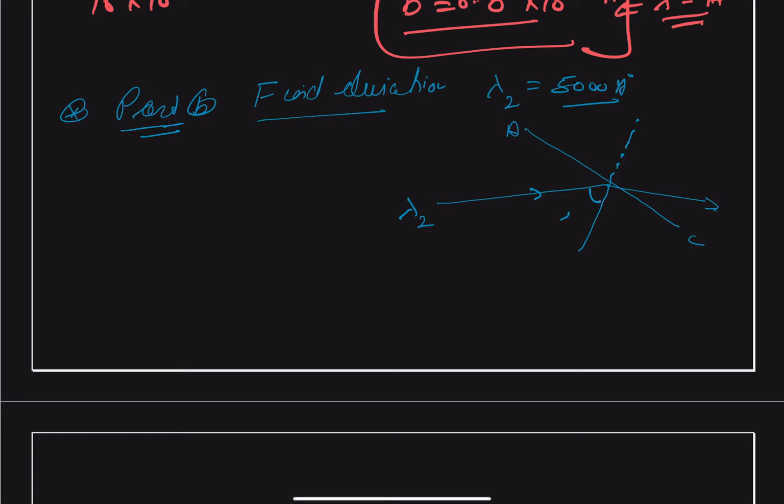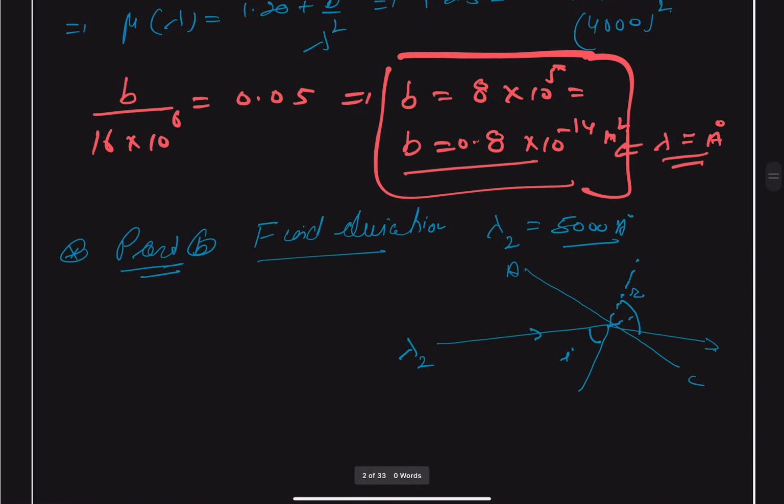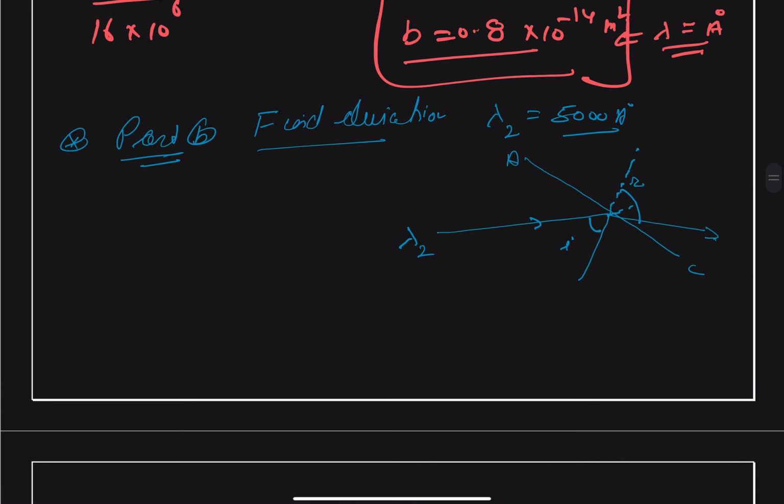So this is our angle of incidence, this will be our angle of refraction, and the deviation will be, because it will be traveling somewhere straight in this direction, so this will be our deviation, between the incident ray and the refracted ray.